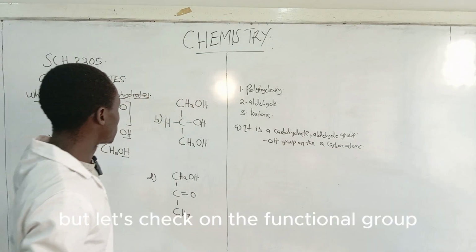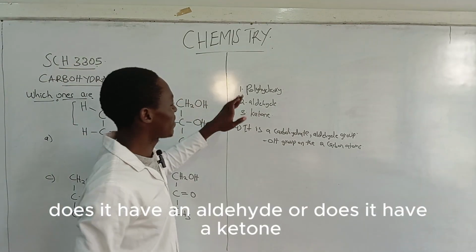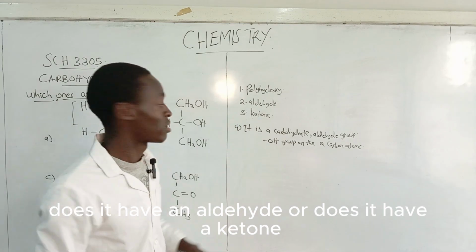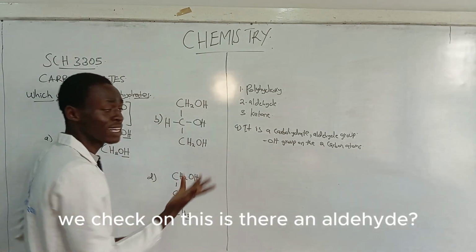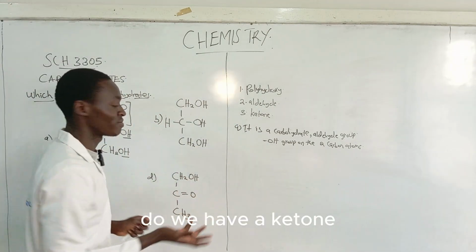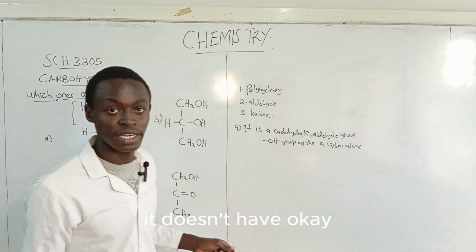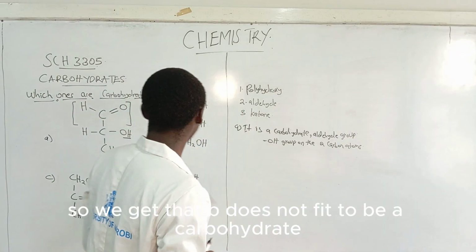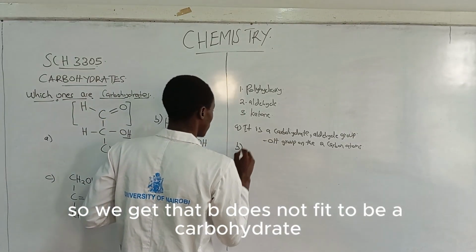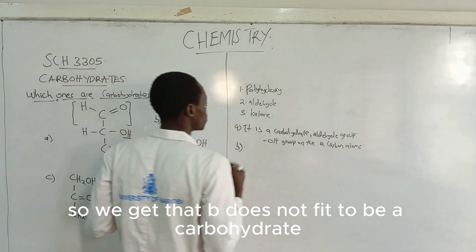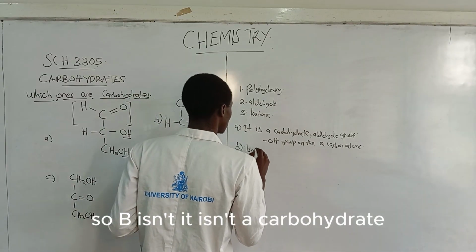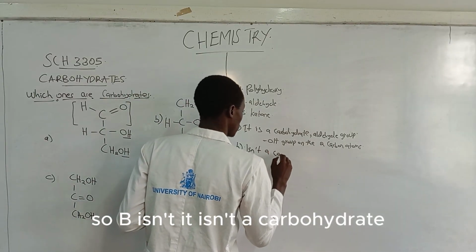But let's check on the functional group. Does it have an aldehyde or a ketone? Is there an aldehyde? Do you have a ketone? It doesn't have either. So B does not fit to be a carbohydrate. So B isn't a carbohydrate.